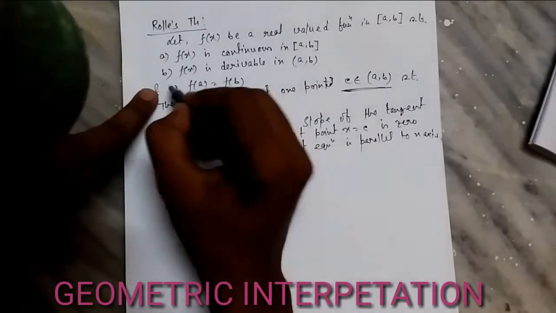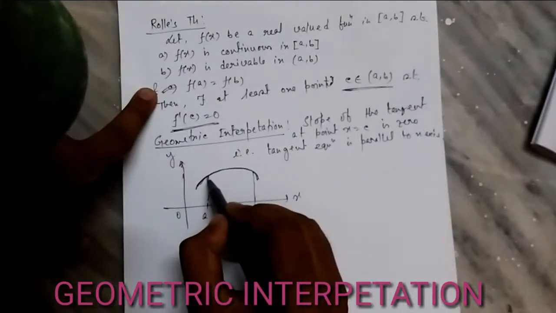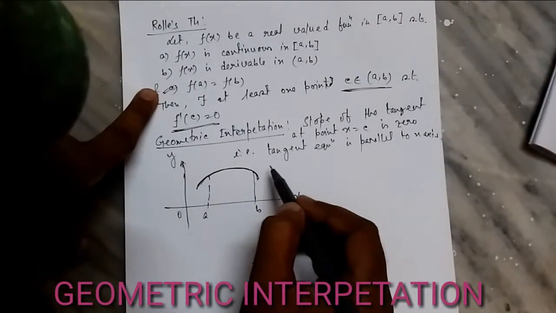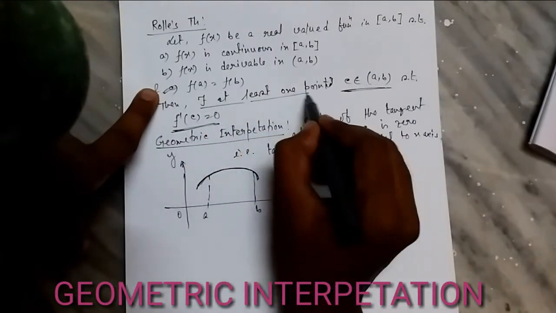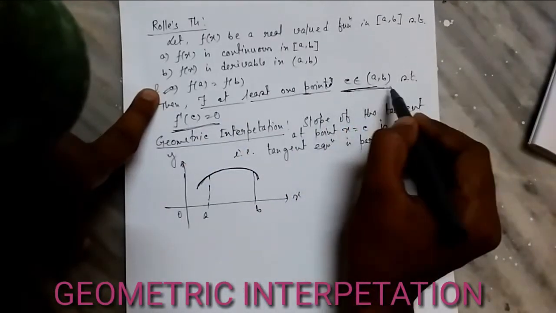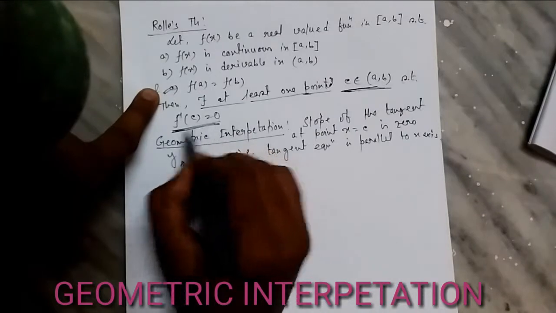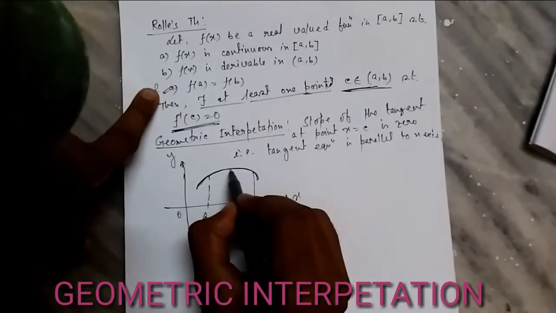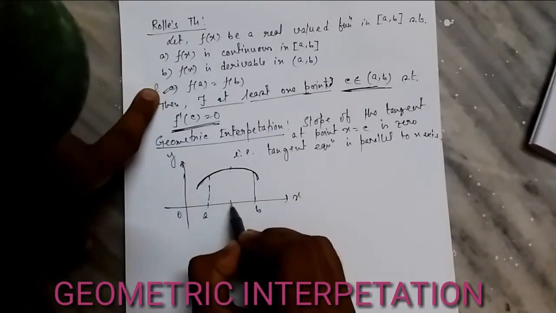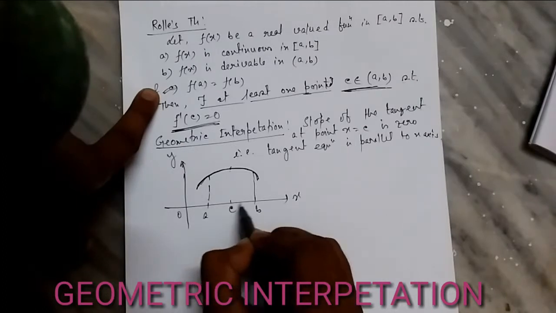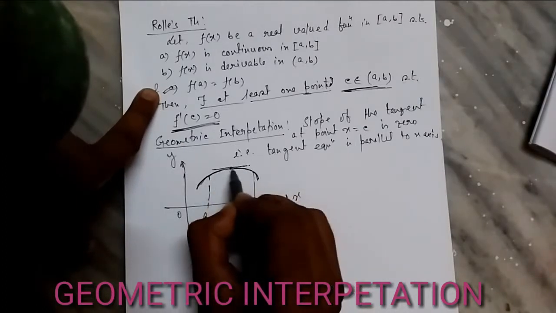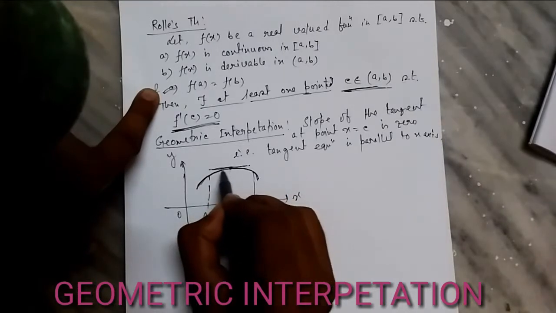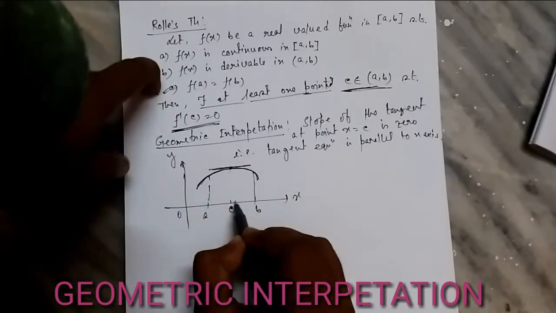The third condition is that the functional values at a and b are the same. So by Rolle's theorem there exists at least one point c between a and b where the derivative is 0. Here, suppose c is in the open interval ab, f dash c equal to 0, that is, the tangent is parallel to the x-axis.